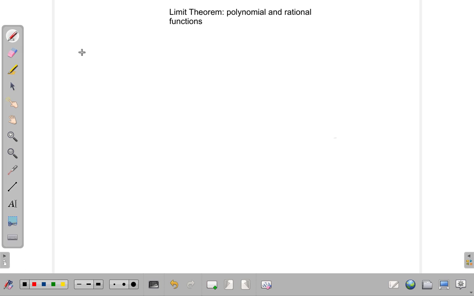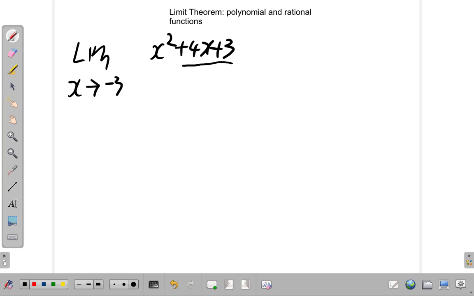You need to find the limit as x approaches negative 3 of the function x squared plus 4x plus 3 divided by x plus 3. So you see this is a rational function. You have a ratio here, or a division. Alright?